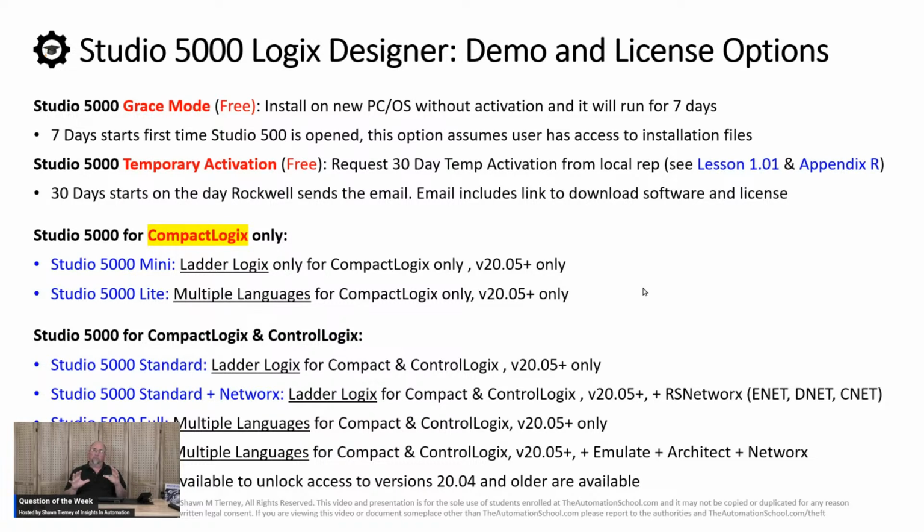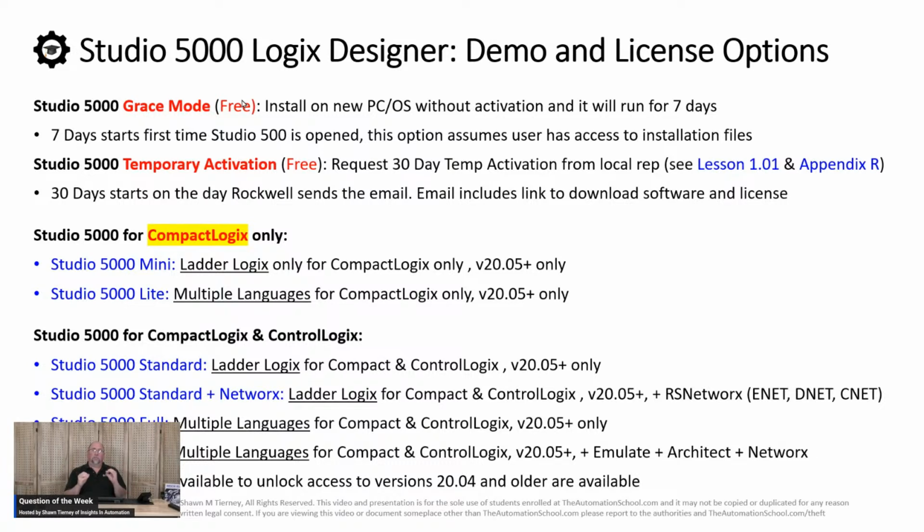So let's talk about a few different ways you can get it for free, and then we'll talk about the different packages that are available. I'm going to start with grace mode. A lot of people don't know about the grace mode or grace period. This was added several years ago, really soon after they went to the new activation scheme.